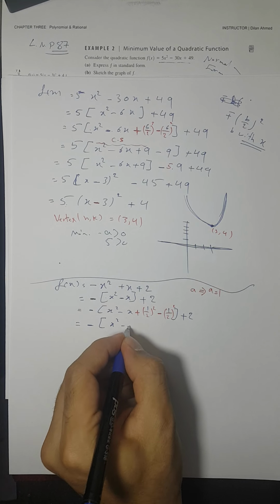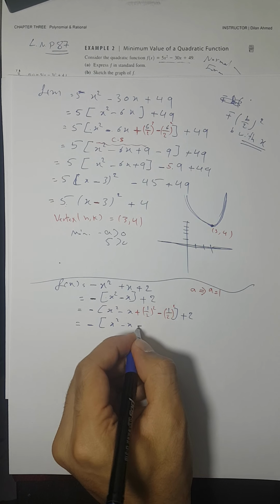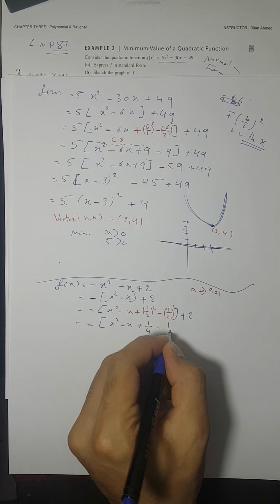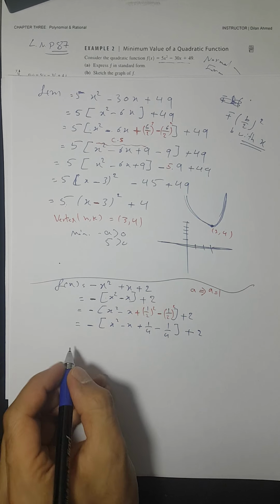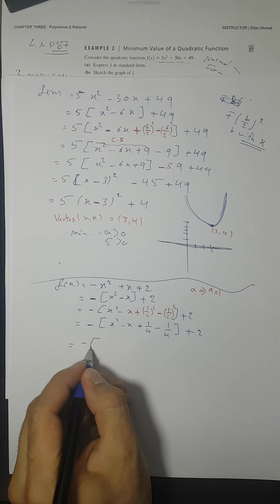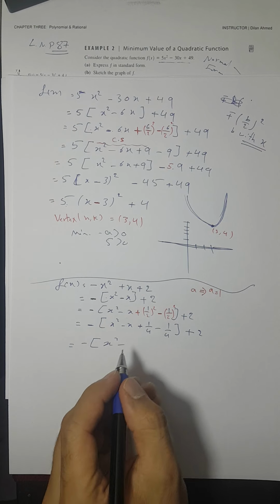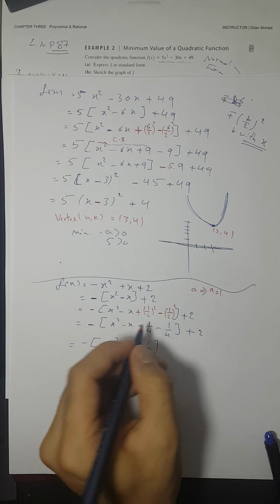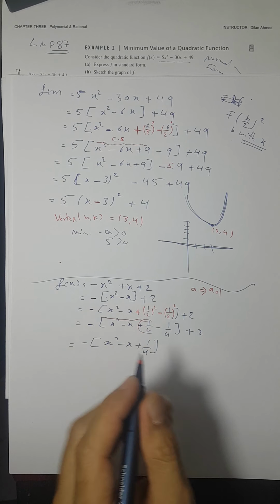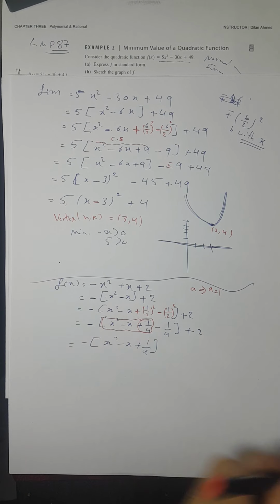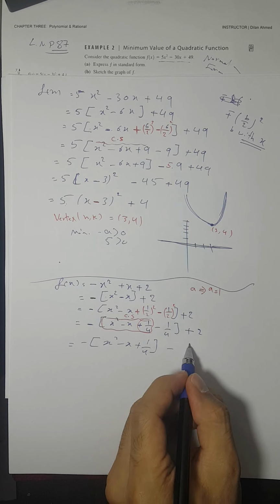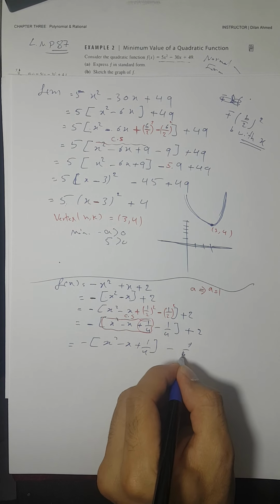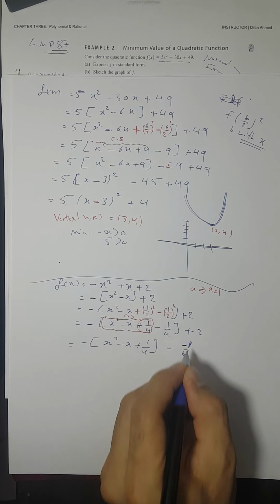So finally, I will get minus x squared minus x plus 1 over 4 minus 1 over 4 plus 2. Now again, I have a negative, x squared minus x plus 1 over 4. We will remain this one. Why? Because these three parts together, this trinomial, will be our completing square. That's why we took out the minus 1 over 4.